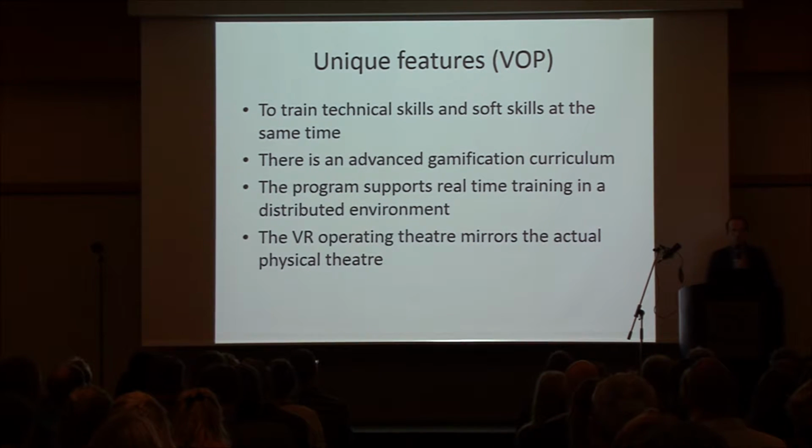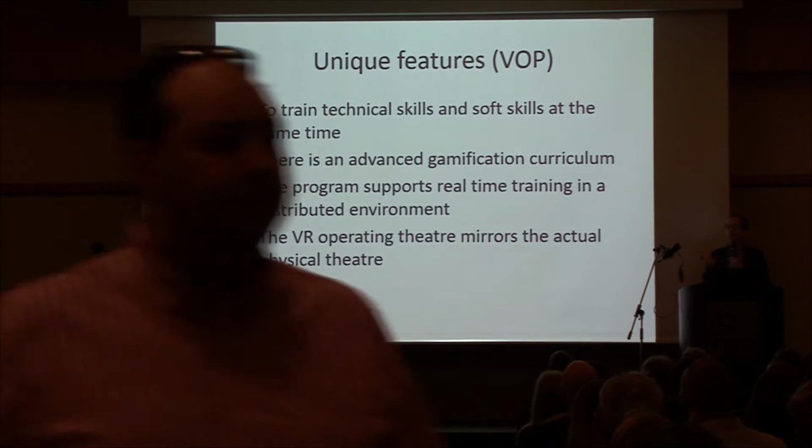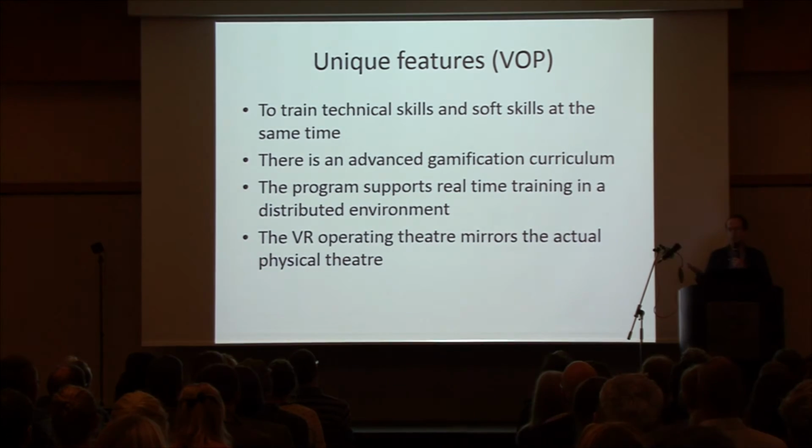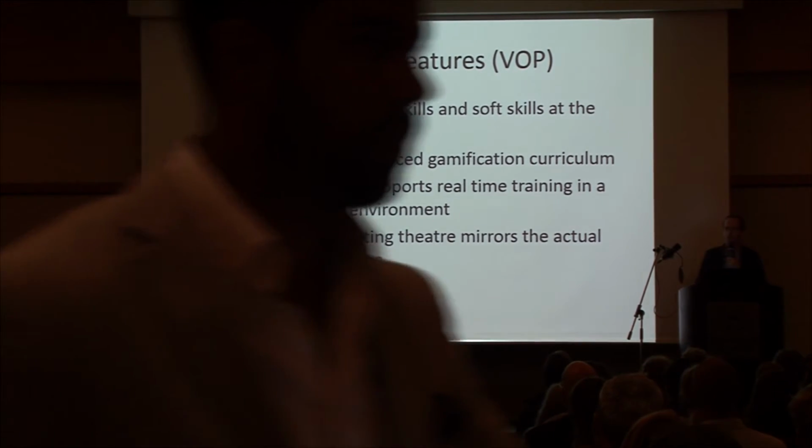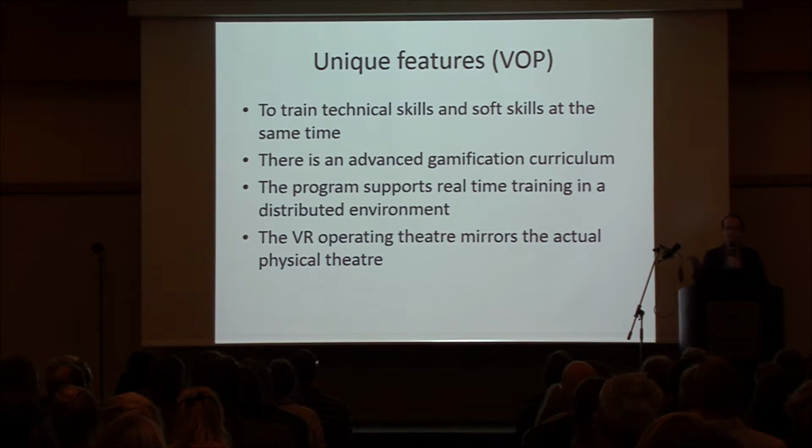There are some unique features about the virtual operating room. First and mostly actually is the ability to train technical skills and these soft skills at the same time. And it sounds perhaps easy or obvious, but that isn't the fact today.